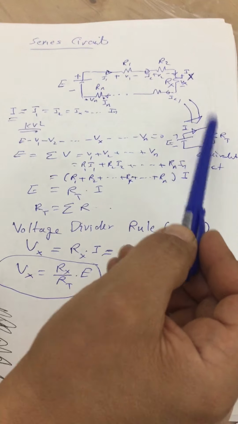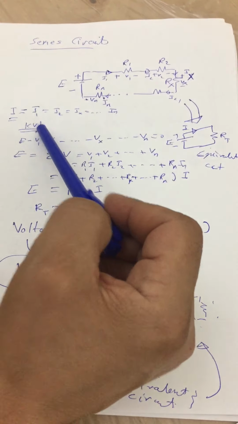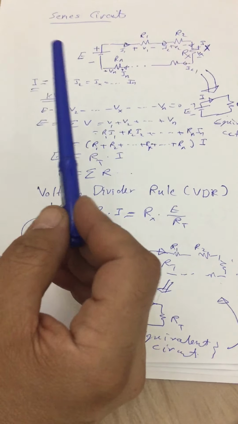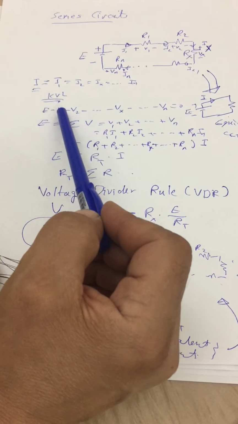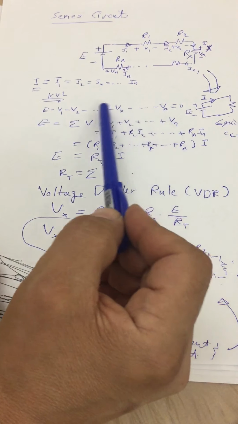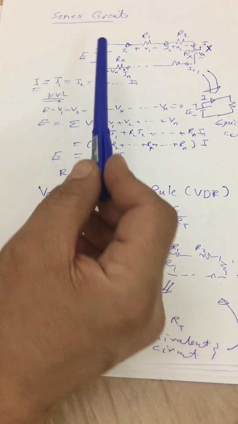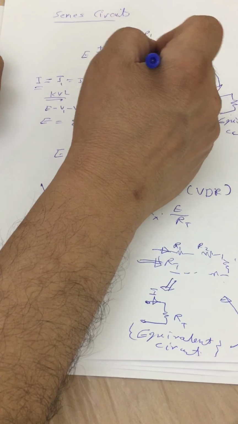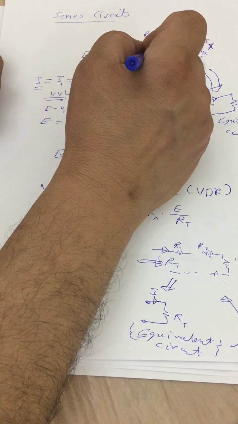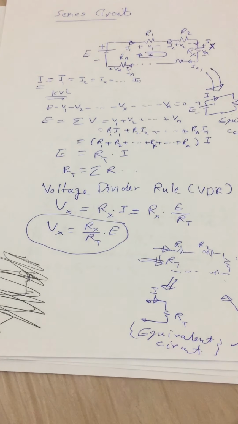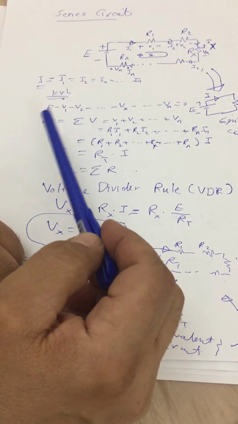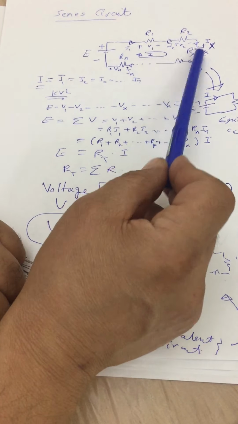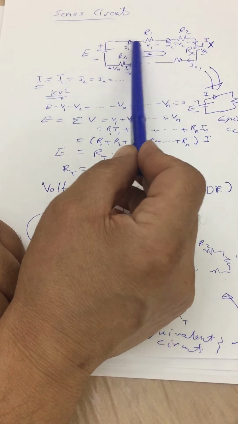The value of this resistor, we'll see how we obtain it by applying KVL. If we apply KVL, E minus V1 minus V2 minus all voltages equals 0. Why? Because E is in the same direction. We assign the loop I like this here. So E is in the same direction of the loop. However, the voltages across the resistors are in the opposite direction, plus minus.